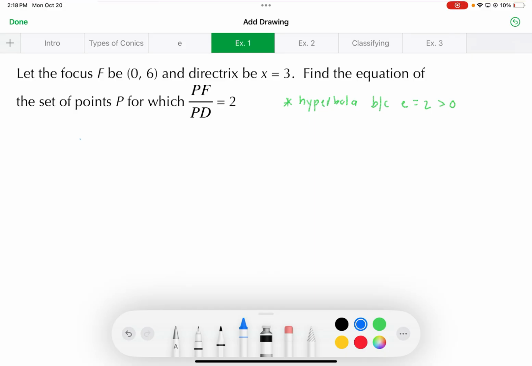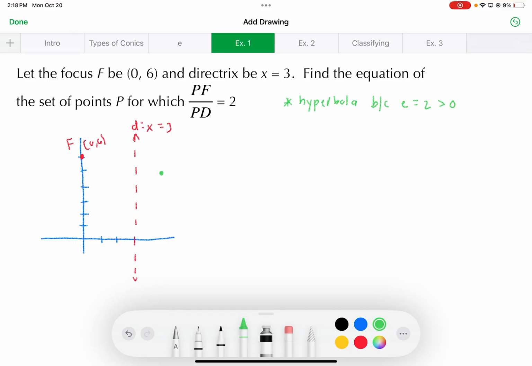Okay, so let's try to sketch this. All right, there's the focus point I've been given at (0, 6). Here's the directrix I've been given. And I'm supposed to have this random point P somewhere in the same plane as these two, right?